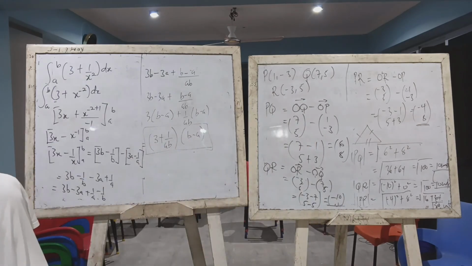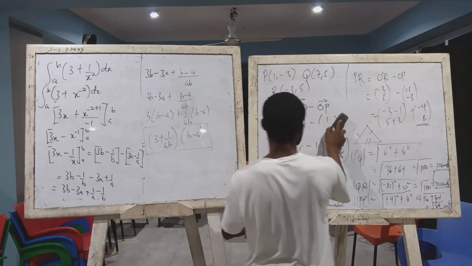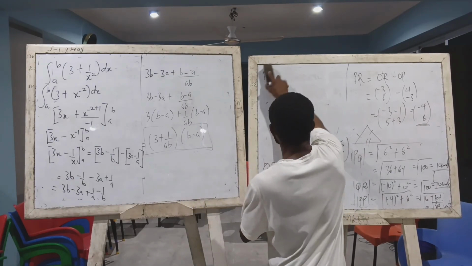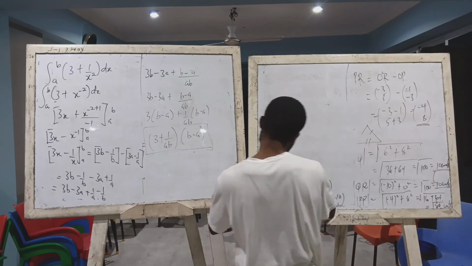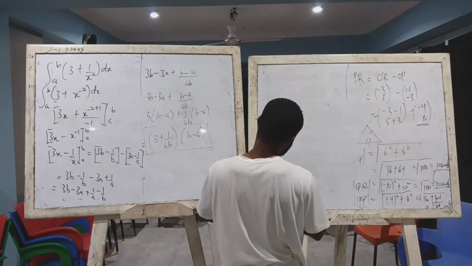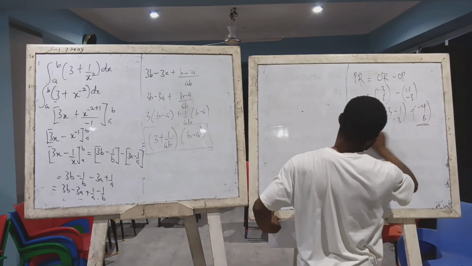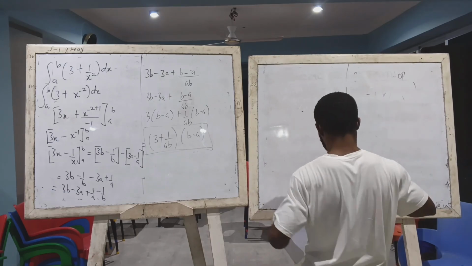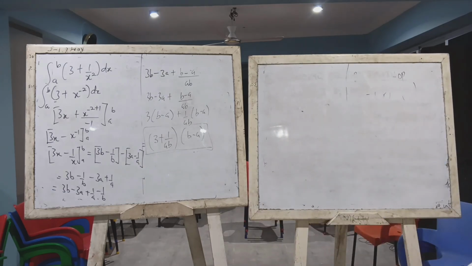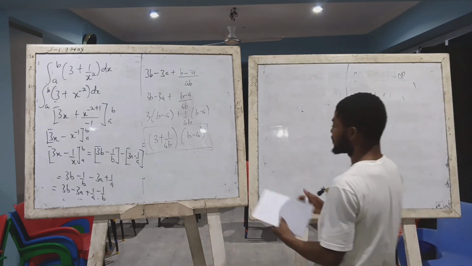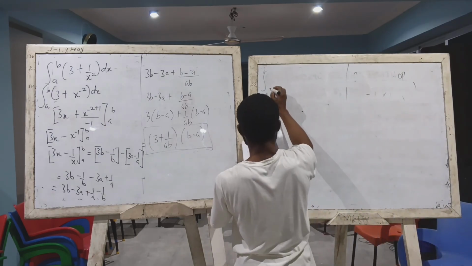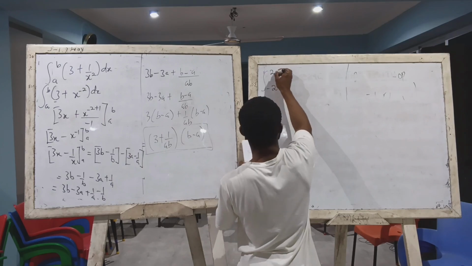Now the second question also has to do with the same integration concept. I think basically all the questions here have to do with integration, not integration per se, but there's one differentiation here. Yeah, so the second question says we should integrate from negative 2 to positive 2.